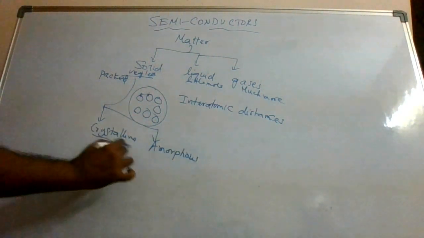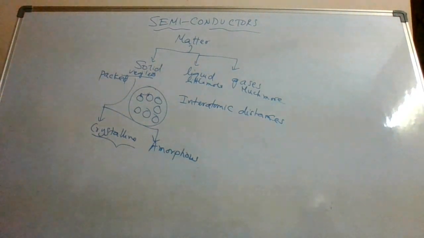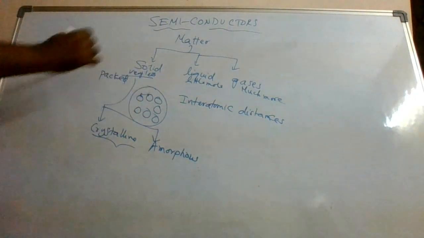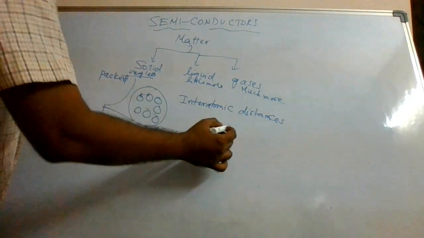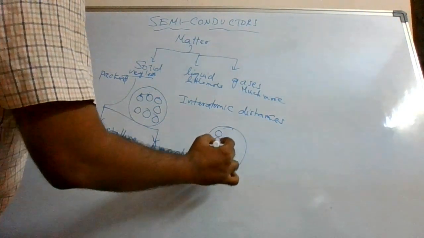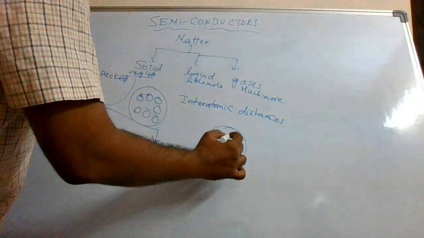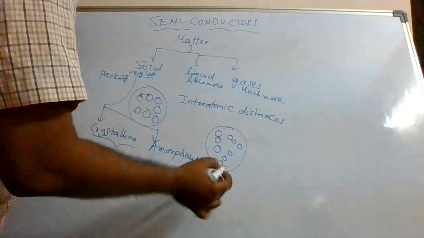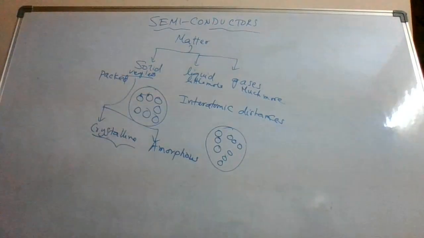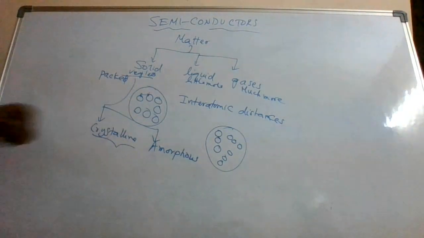In crystalline you have a definite pattern of arrangement of these atoms. Either the atoms are arranged like this, or like this, or like this. There is a pattern. That type of arrangement is crystalline.